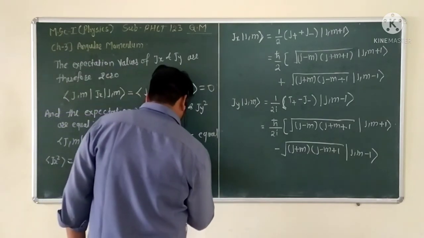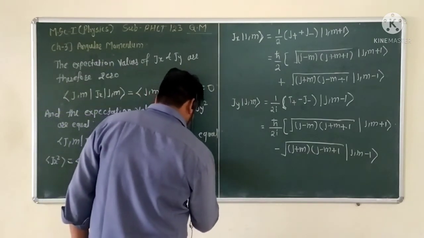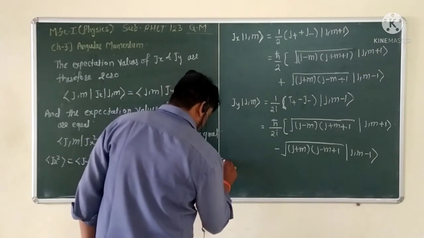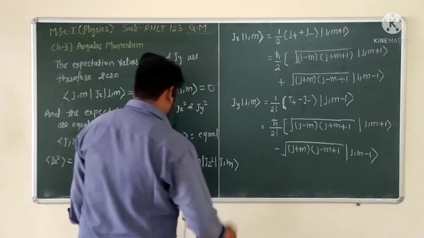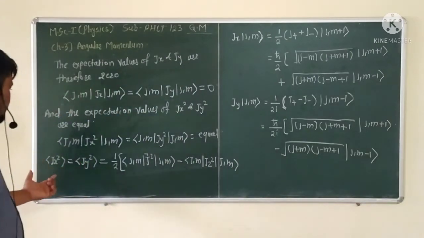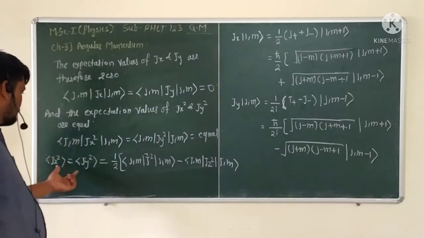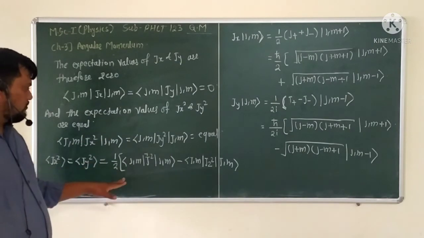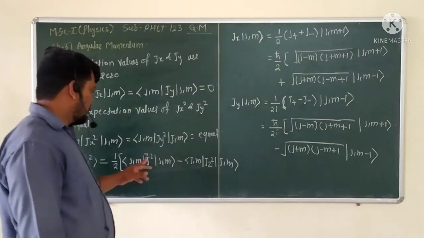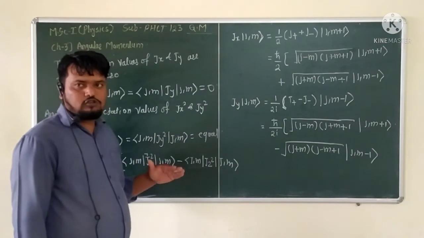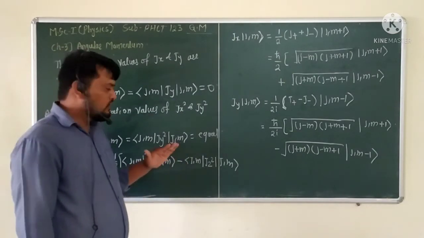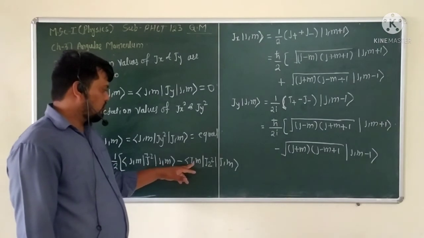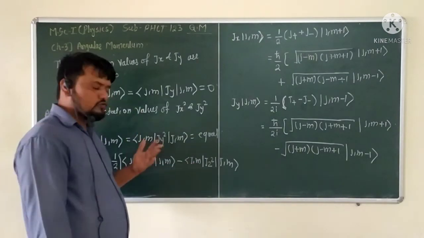So the expectation value relation of Jx square and Jy square is equal to 1 by 2, J comma M, expectation value of J square, which has the components Jx square plus Jy square plus Jz square, minus this expectation value of J comma M, Jz square, because we have to know that.